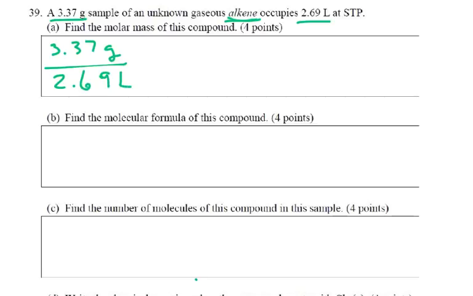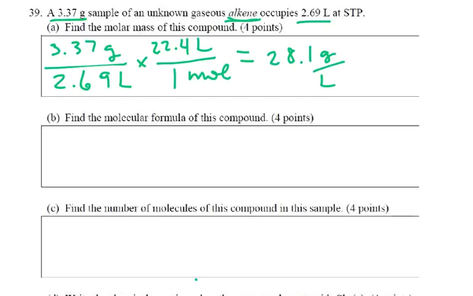And we know from our old mole map that we can change liters into moles. And remember that 1 mole is 22.4 liters. So if we do that much, then we find out that this is going to weigh 28.1 grams per mole.